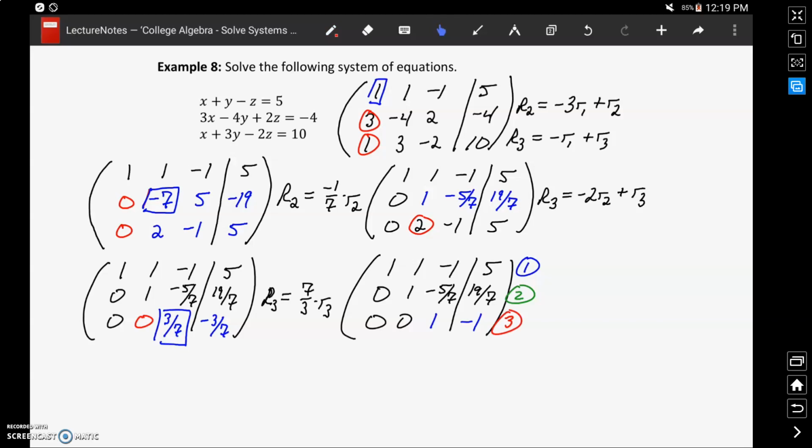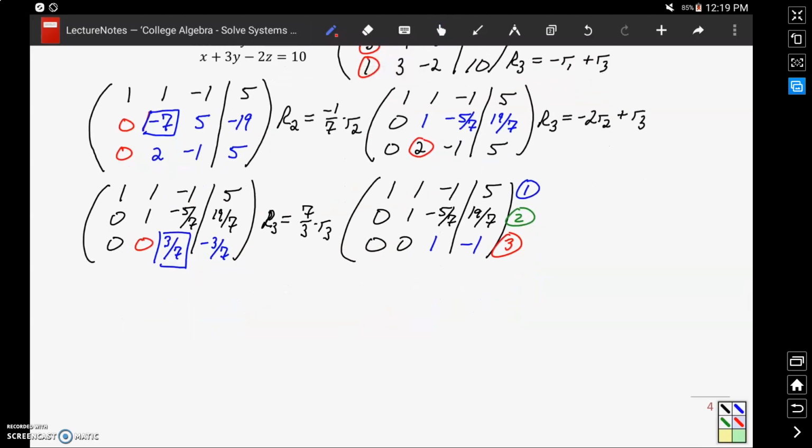So looking at our system of equations, we can start with row 3, which will tell us that z is equal to -1.